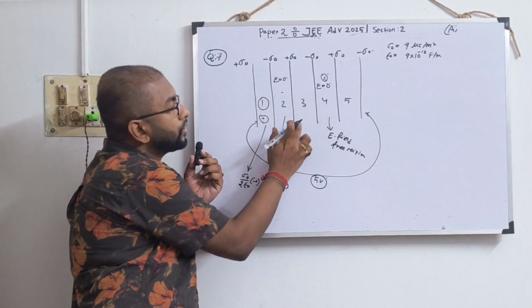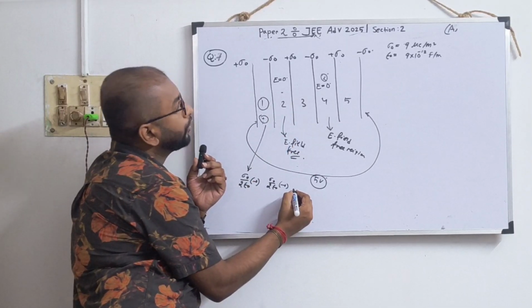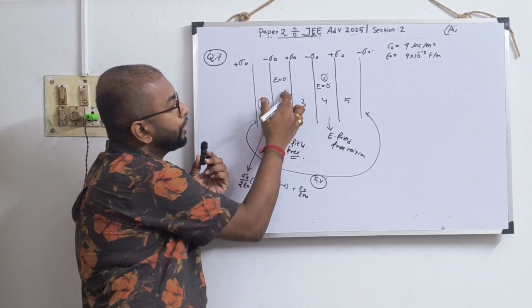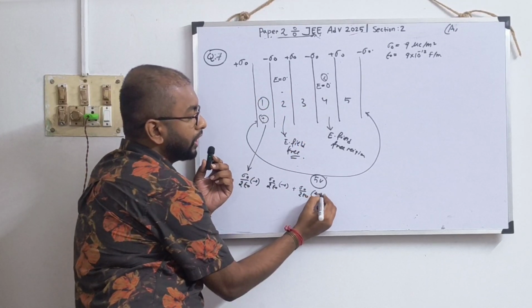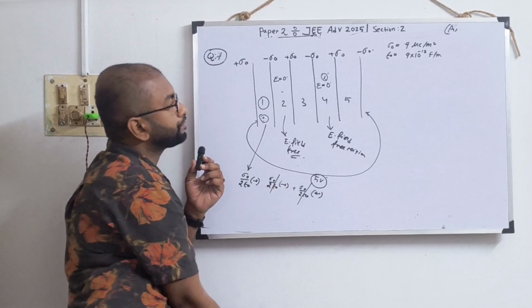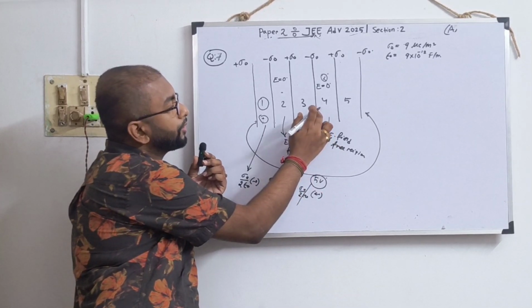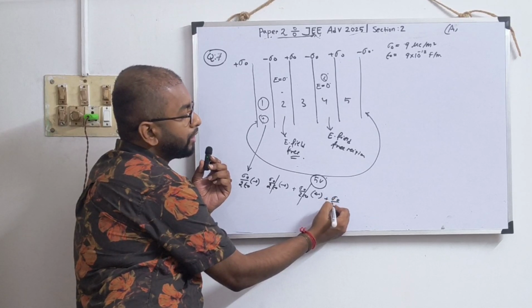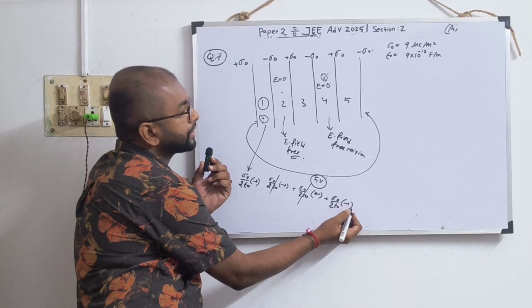Due to this plate 3, it will be sigma naught by 2 epsilon naught, but it will be towards left. So ultimately this and this will cancel out. Due to the fourth plate, it is going to be sigma naught by 2 epsilon naught towards right.